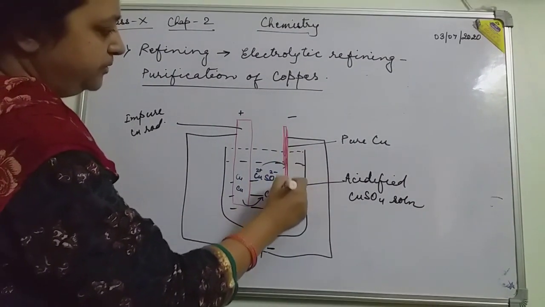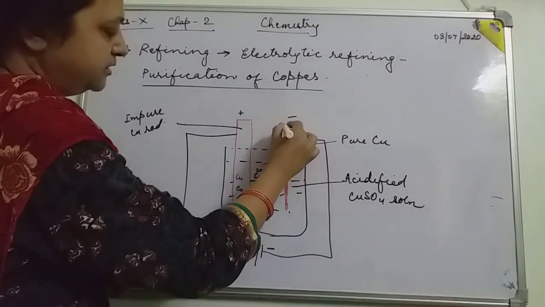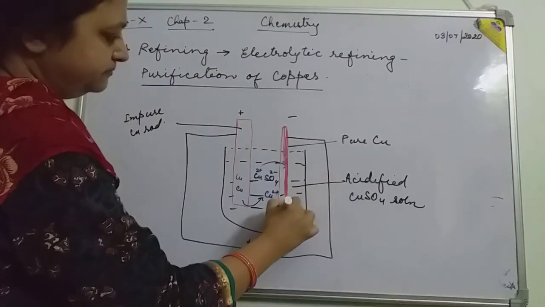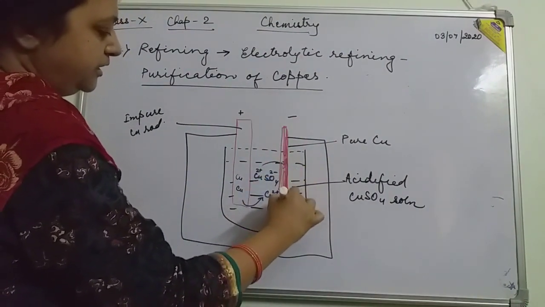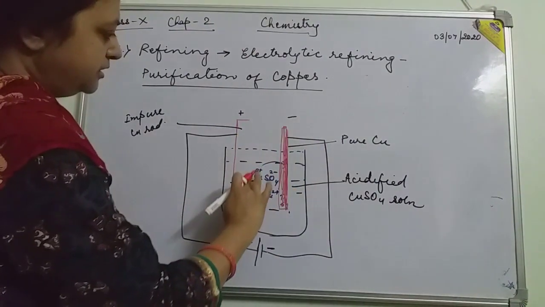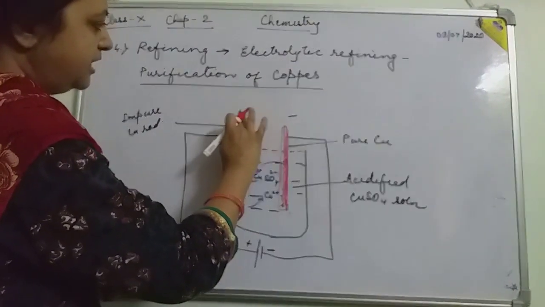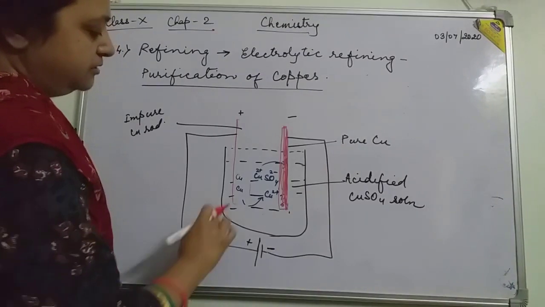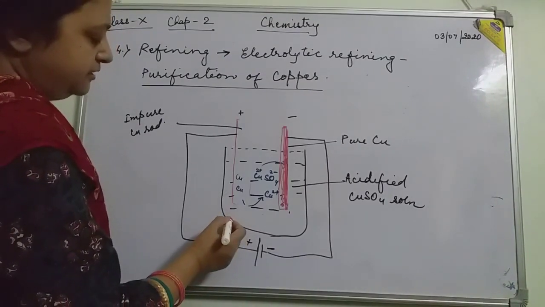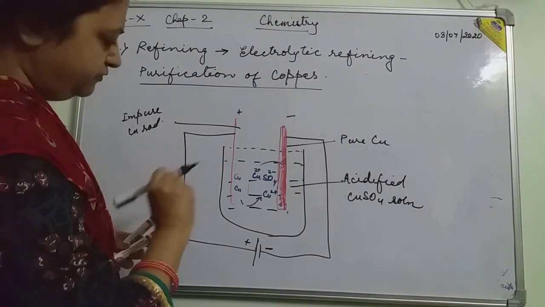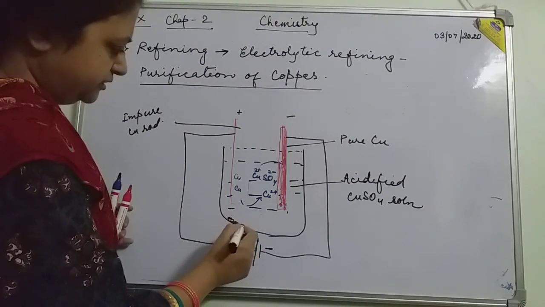And this copper rod becomes thicker, and this becomes thinner and thinner and thinner. At last, a thin copper rod remains here, and here some deposition of impurities.